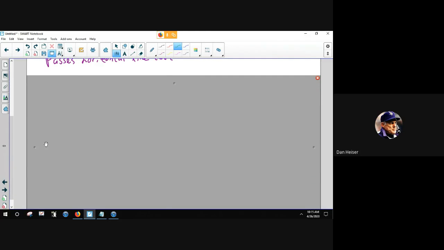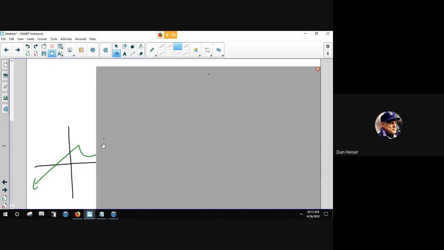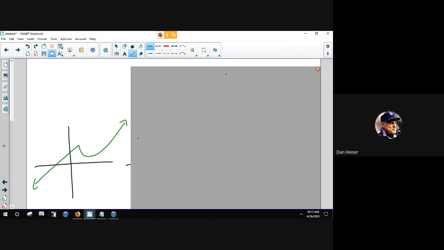So let's take a look at some examples. Here I have a graph. Is this one-to-one? And the answer, of course, is going to be no. Because, let me get a horizontal line on the screen.